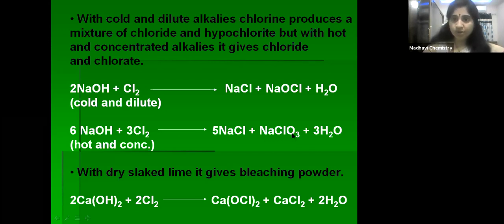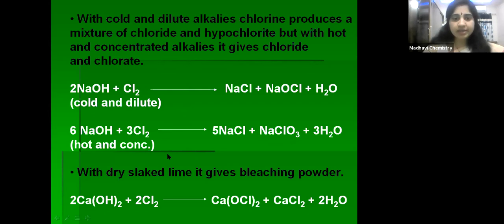NaClO3 is called sodium chlorate, and NaOCl is called sodium hypochlorite. So these are the two differences. NaCl and H2O are the same, only this one is different. Sodium hypochlorite is obtained when cold and dilute alkali is used, and sodium chlorate when hot and concentrated alkali is used. So that is the difference, children. It is very easy if you practice that.